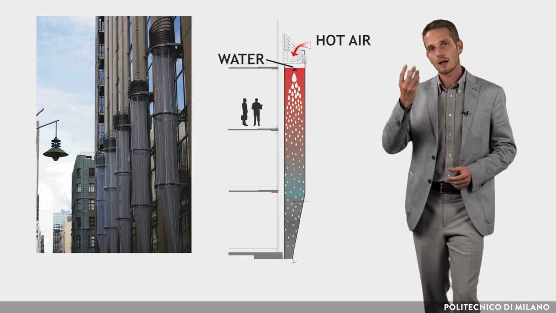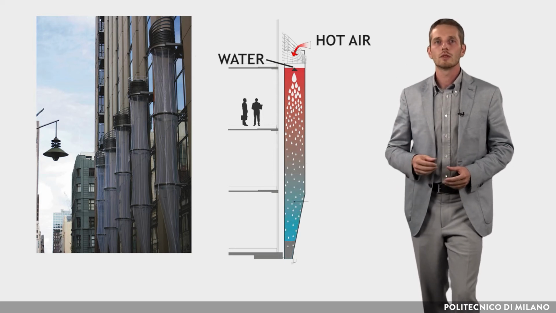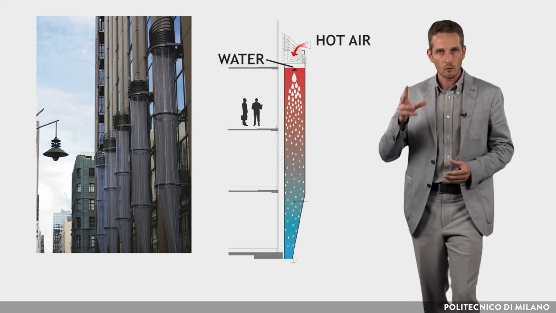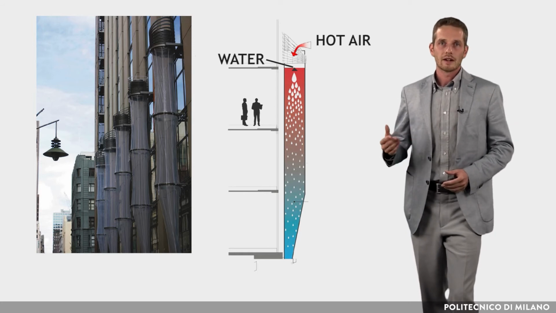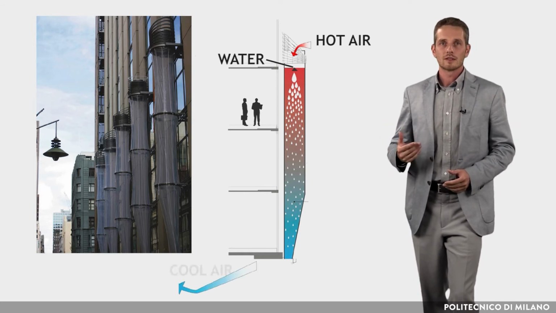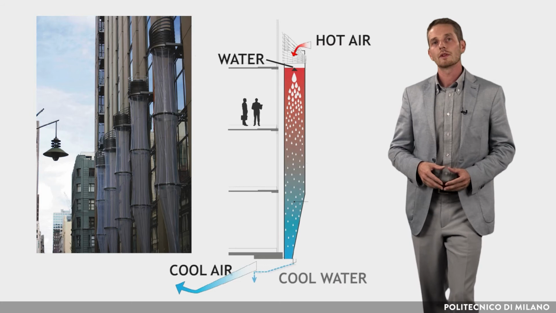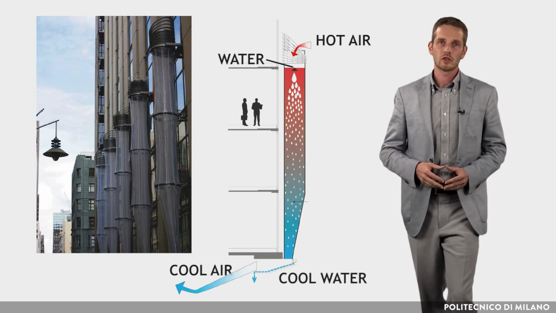This air falls down the tower and it is cooled by evaporation from the shower of water. The cool air is supplied to the retail spaces and the cool water precools the water coming from the chilled ceiling panels.